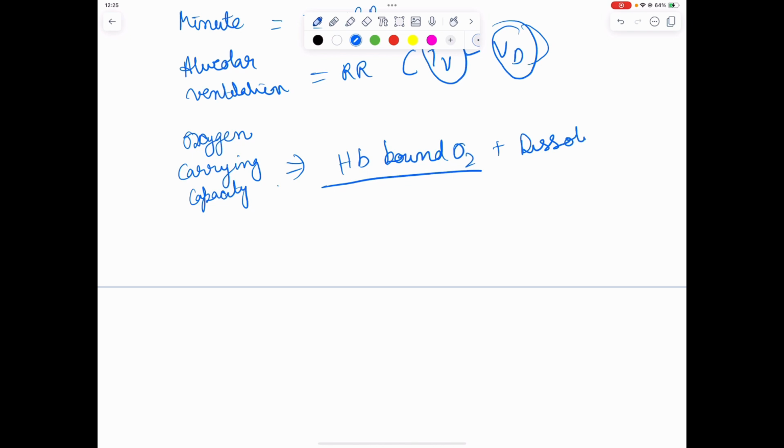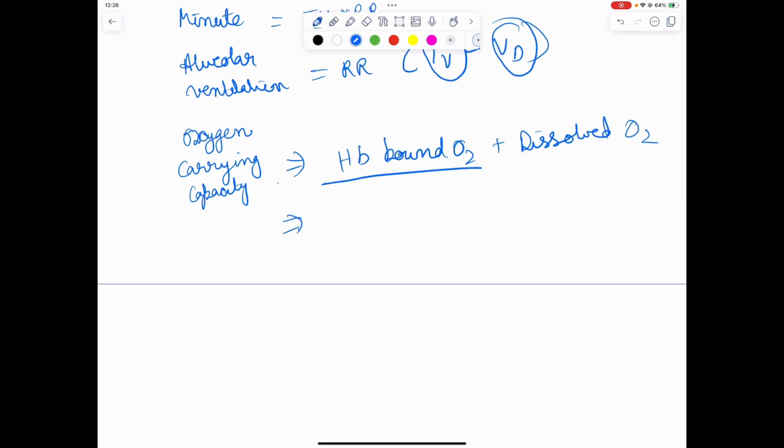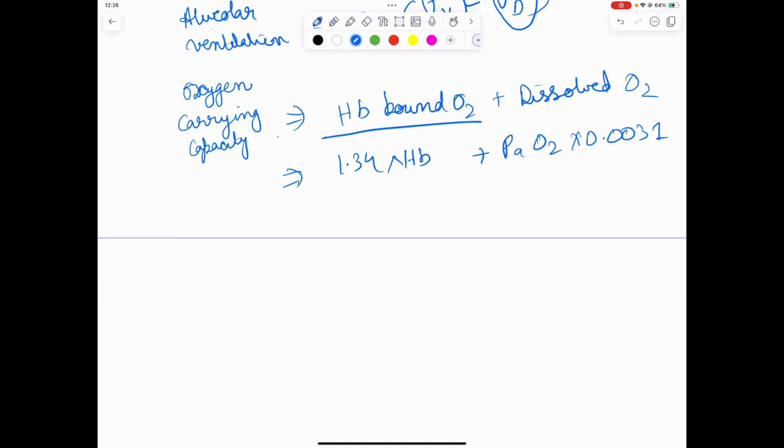Now how much is the dissolved oxygen? First we take the carrying capacity, that is 1.34 times hemoglobin, plus partial pressure of oxygen times 0.0031. So we will see hemoglobin concentration, saturation of oxygen, partial pressure of oxygen, and total oxygen content.